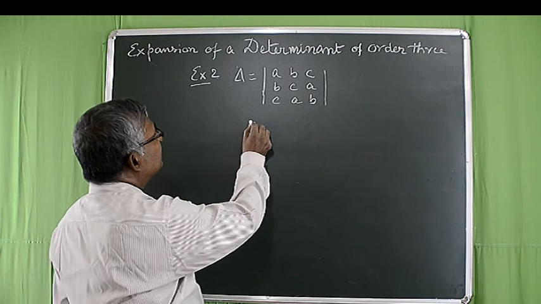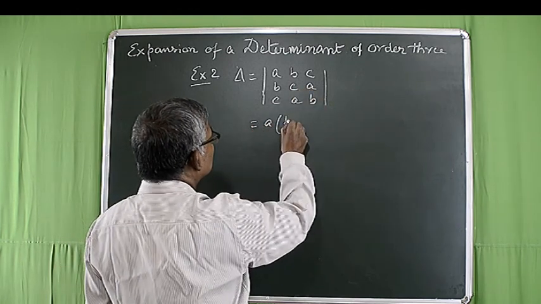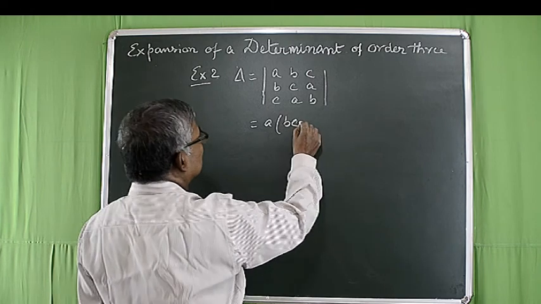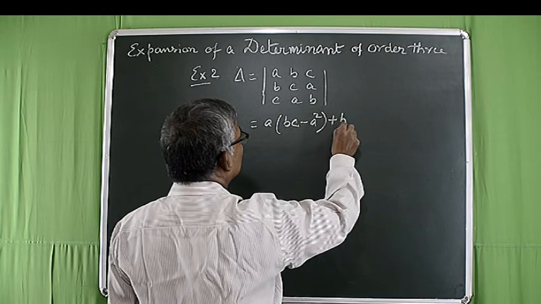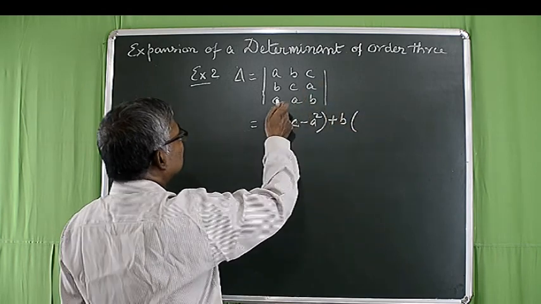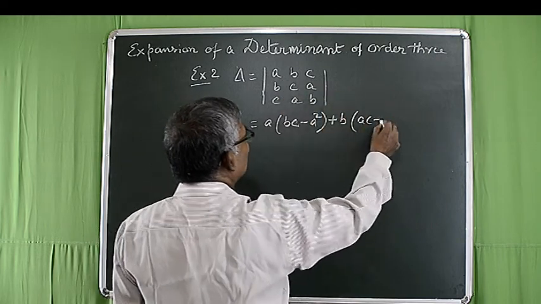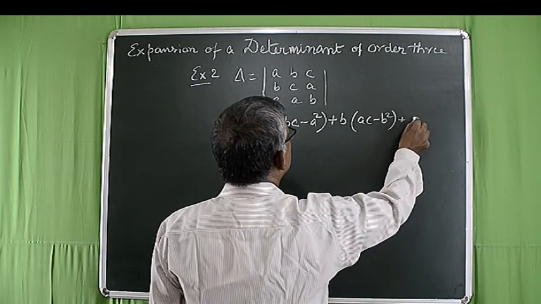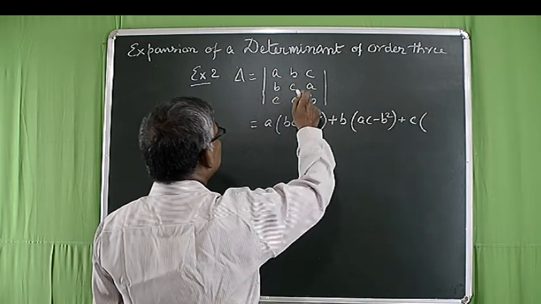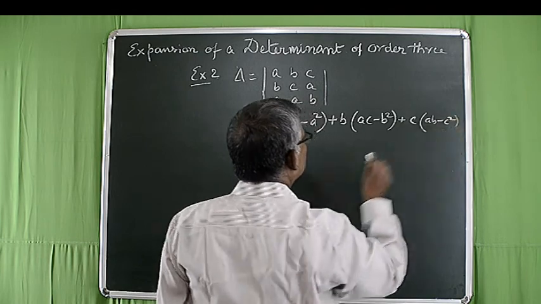So it can be written as a into (bc - a square) plus b into (ac - b square) plus c into (ab - c square).